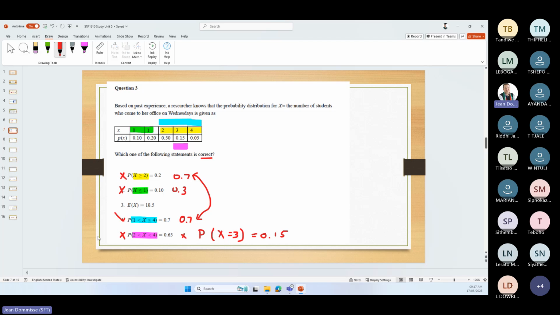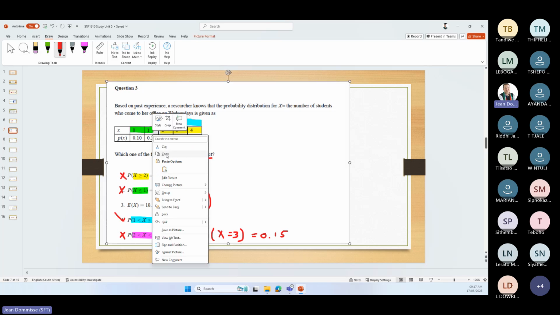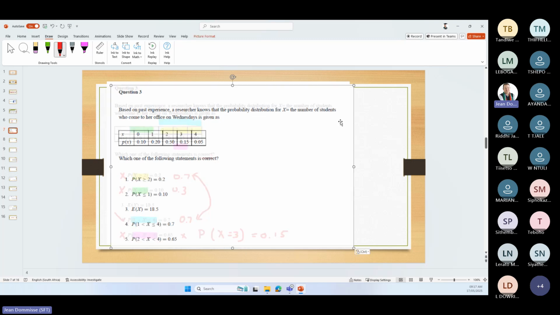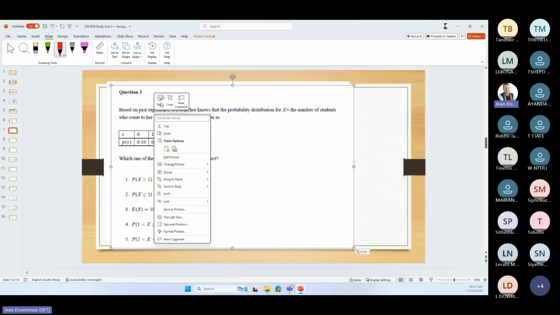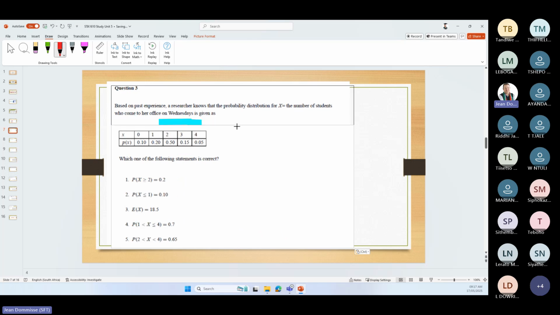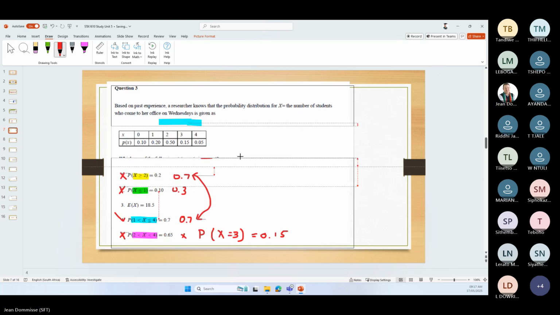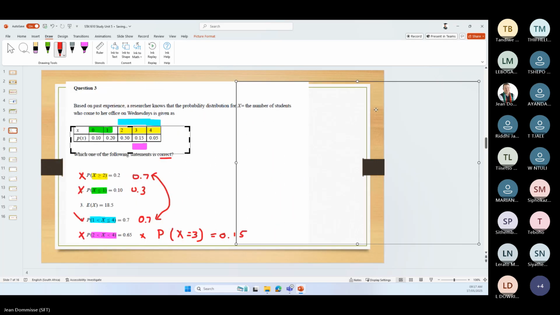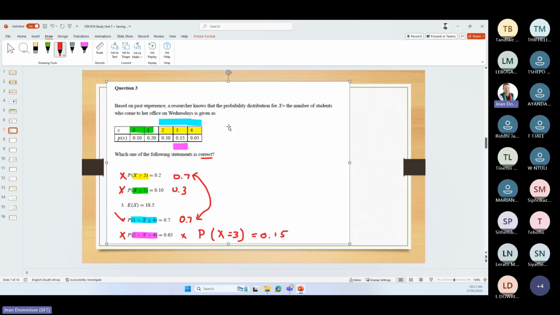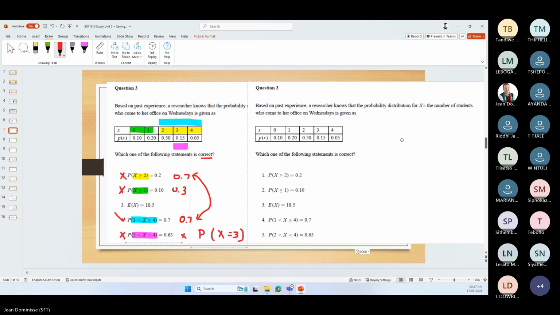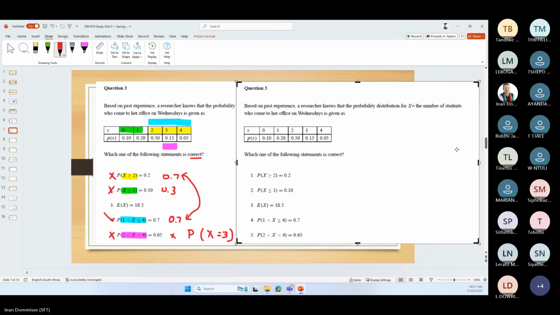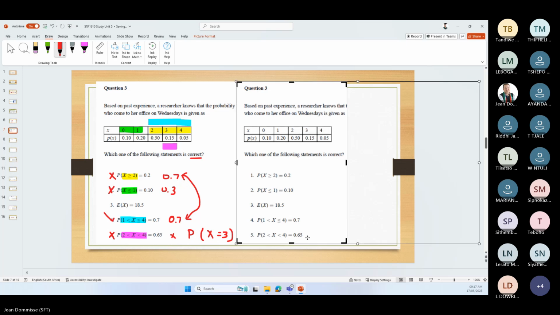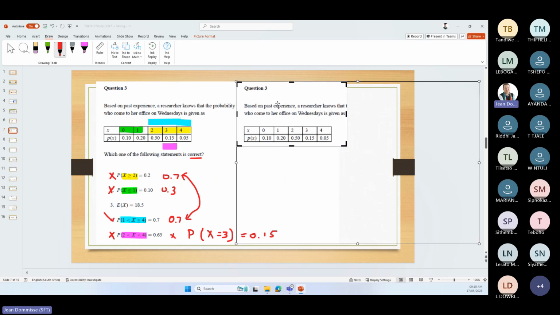Let me copy that, let's move it, and then we can work with it.